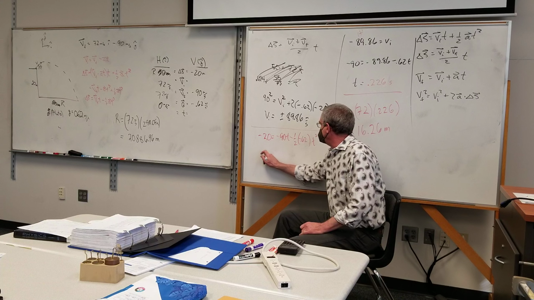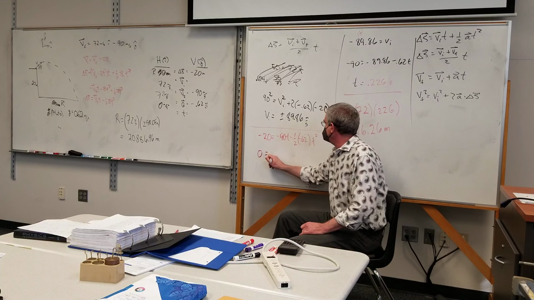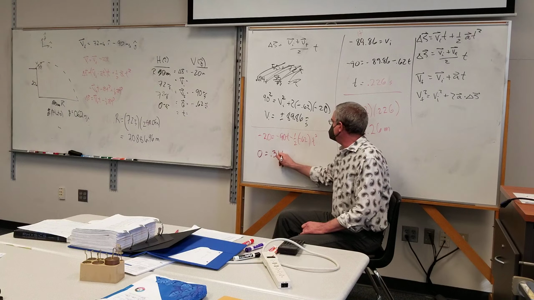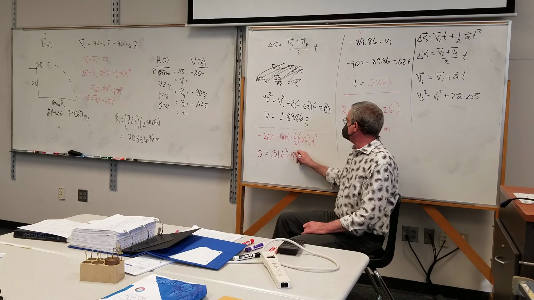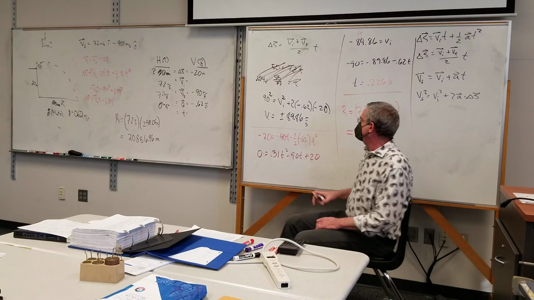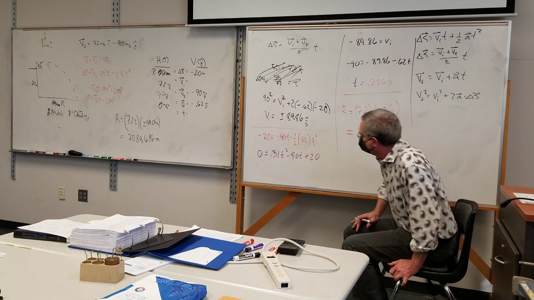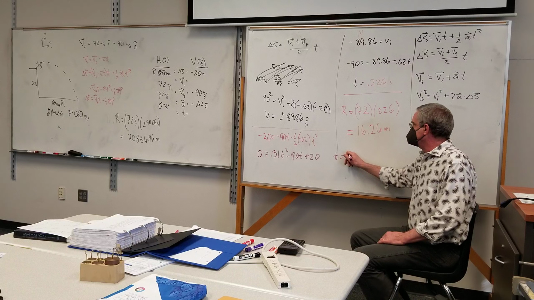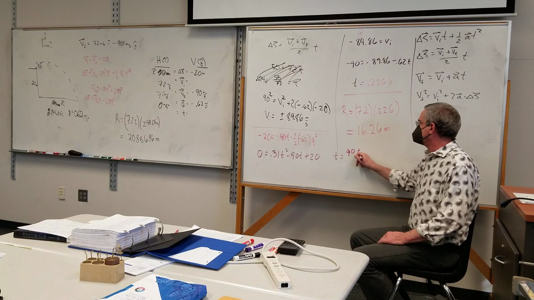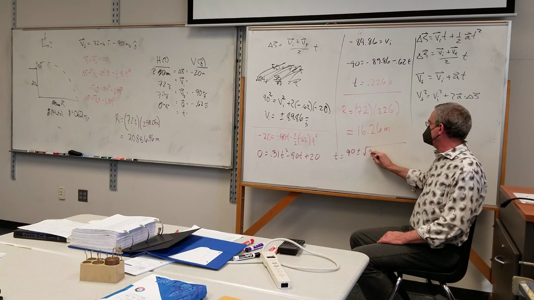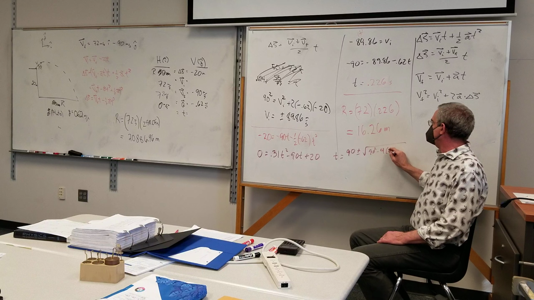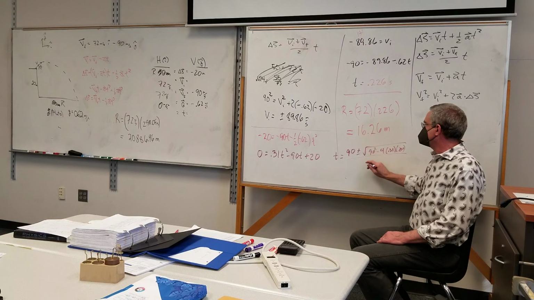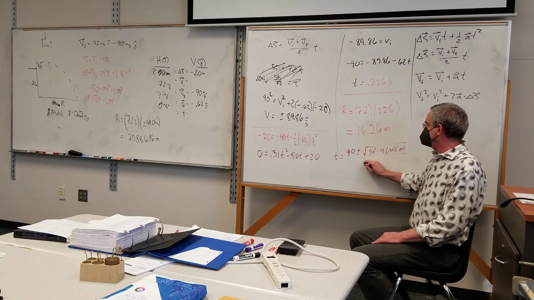So I end up with 0 equals 0.31 t squared minus 90t plus 20. t is equal to 90 plus or minus the square root of 90 squared minus 4 times 0.31 times 20, divided by 2 times 0.62.